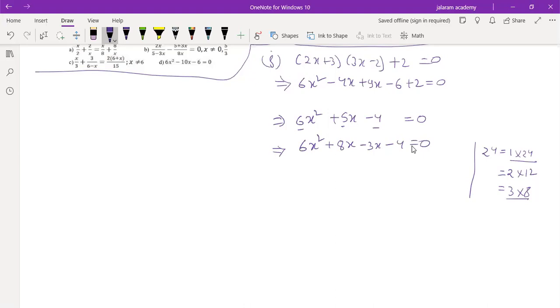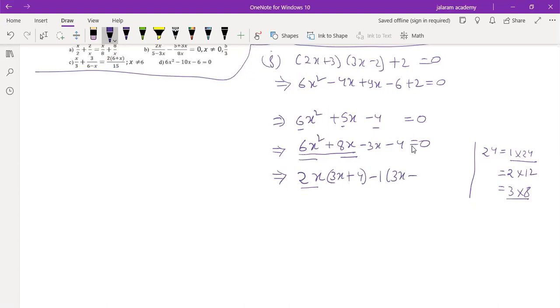We are observing what is common between the first two terms. 2 is common between 6 and 8. HCF of 6 and 8 is 2, and x is also common. So 2x is the HCF of 6x square and 8x. So we take it common. Now if we divide 6x square by 2x, it is 3x, and 8x by 2x, 4.